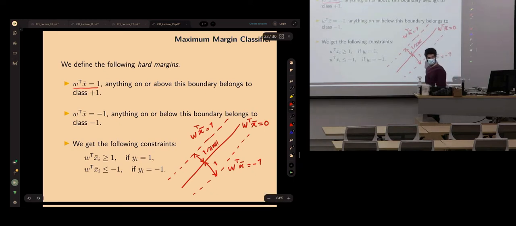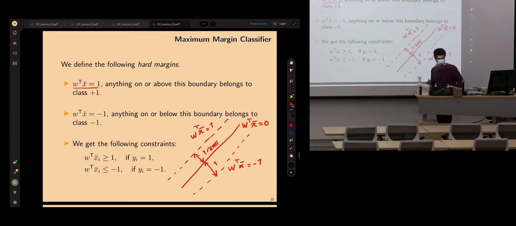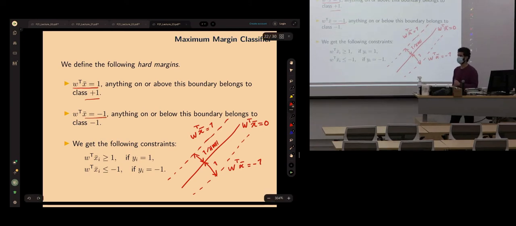So this is basically defining a margin of 1 around my plane. Anything on and above this boundary, I'm going to call it class +1. Anything on and below this boundary, I'm going to call it class -1. This will give me 2.